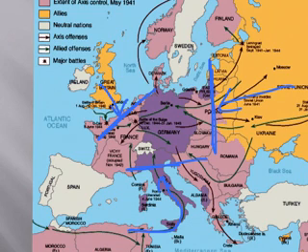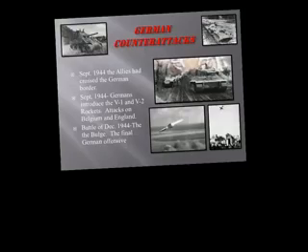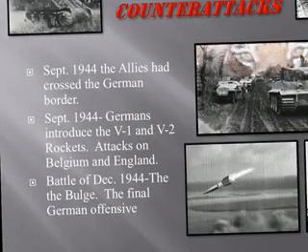It's a long way to go, but eventually the writing becomes writing on the wall, and Hitler is going to be defeated. The Germans are going to be defeated. As these three fronts are opening up against Hitler, he does have some counterattacks.